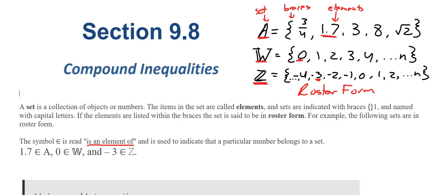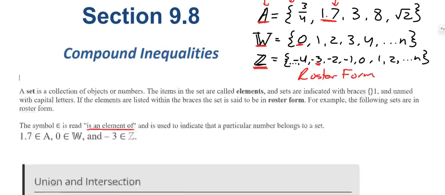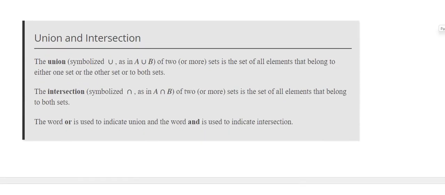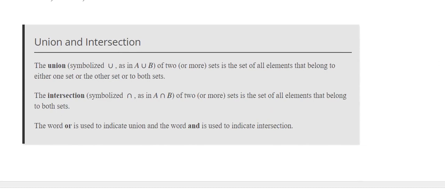Let's scroll down. All right, union and intersection, those are going to be very important. Let's give a quick definition, and then down below we'll get something more visual. Union, think of that as everything.